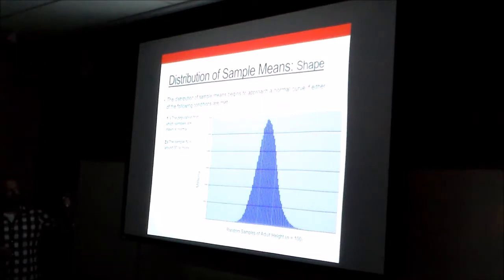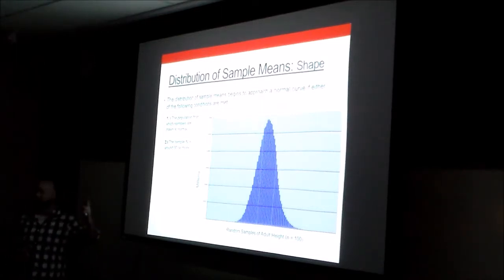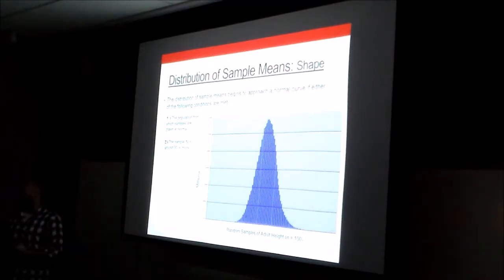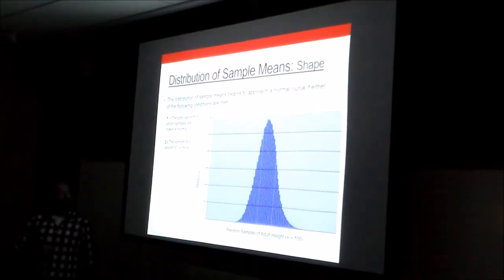One, when the population from which samples are drawn is normal, so talking about height, weight, intelligence, different types of personality that work on a normal distribution. The sampling distribution of means is probably going to be normal very quickly, or if we have reasonable sample sizes.